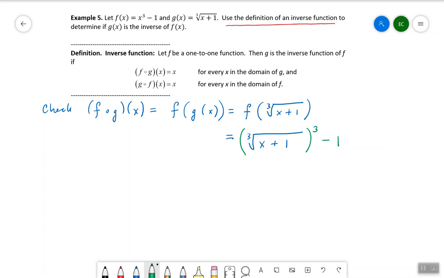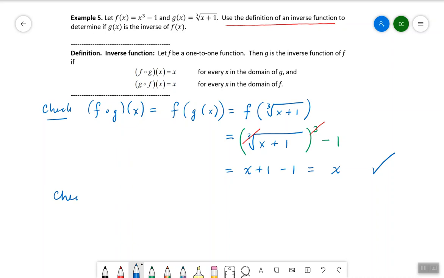Okay, so we've created the composition. Now we just need to simplify it to see what we get. And so first thing you should notice is that the cube root and the cube are going to cancel, and we'll be left with x plus 1 and then a minus 1 at the end, and then sure enough that's equal to x, which is what it's supposed to be equal to. So that worked, and so it's certainly looking good that the other one will work as well, but again we need to write it out.